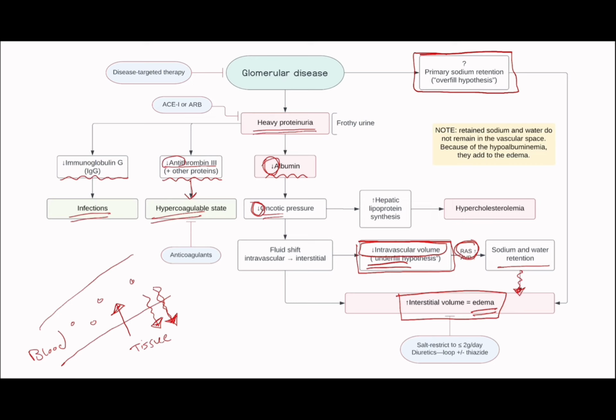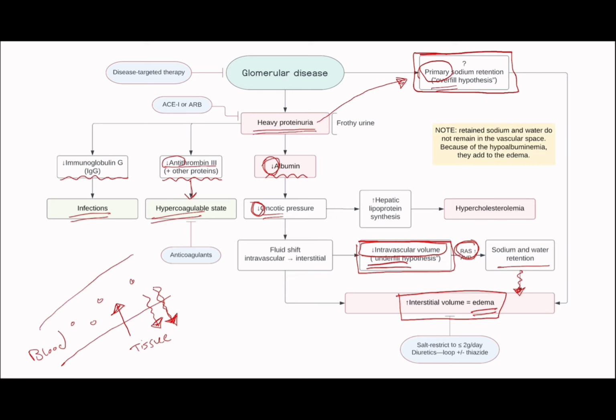In the overfill hypothesis, it is thought that there is primary sodium retention at the level of the collecting ducts. It is poorly understood why this happens, but it is thought that the delivery of proteins to the collecting ducts results in sodium retention independently of the renin-angiotensin-aldosterone system.